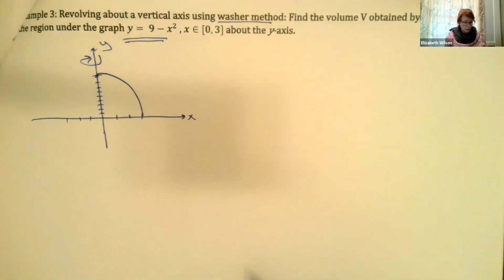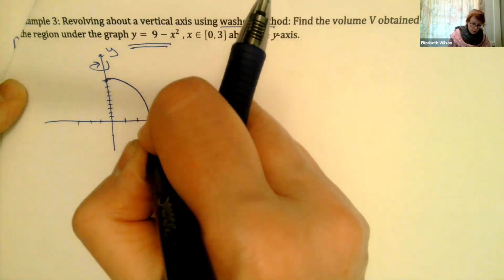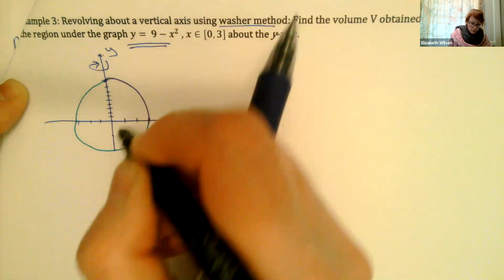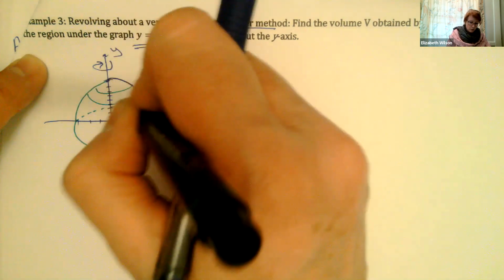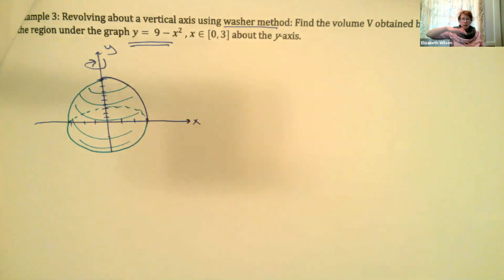If I go around the y-axis, what happens when I sweep this out? I get this circle as I sweep it out. I get all these cross-sectional areas. They're circles, and I'm going to add them up, going from y equals 0 to y equals however high I need to go.